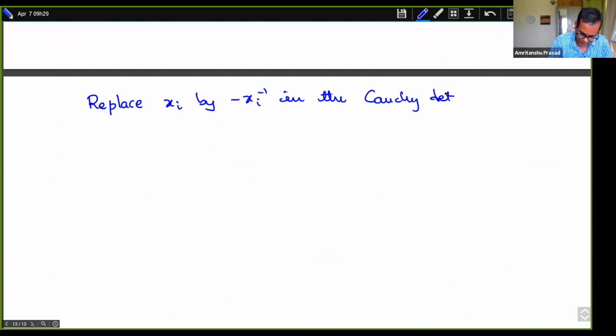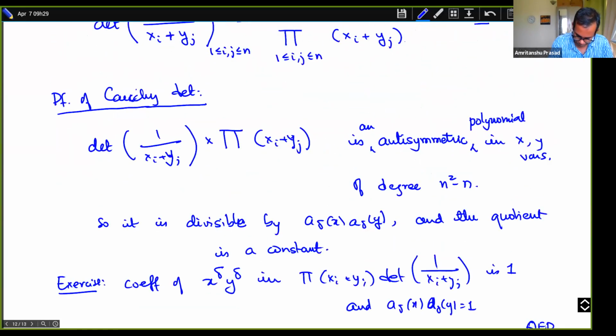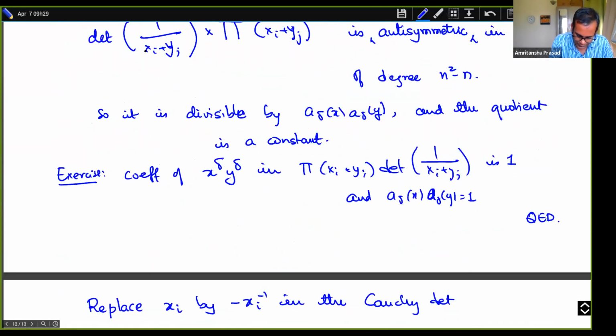So what you'll get is minus xi inverse plus yj. But then you multiply that by xi and you'll get minus 1 plus xi yj. Maybe you multiply it by minus xi and you'll get 1 minus xi yj.